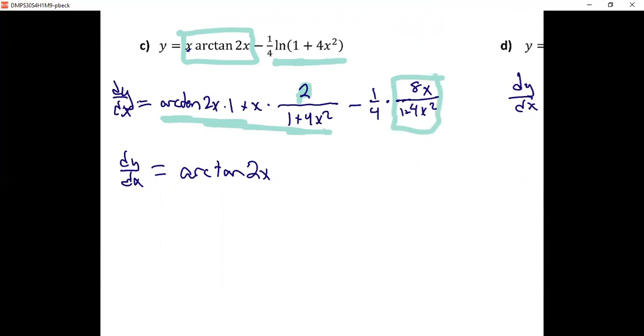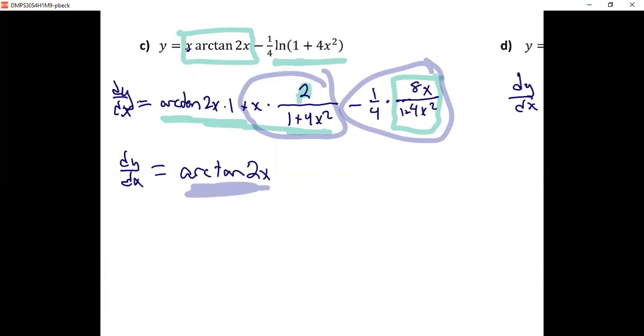This whole expression and this whole expression are opposites of each other. Since these are opposites of each other, we can cancel them out. We get our derivative as just the arctangent of 2x.